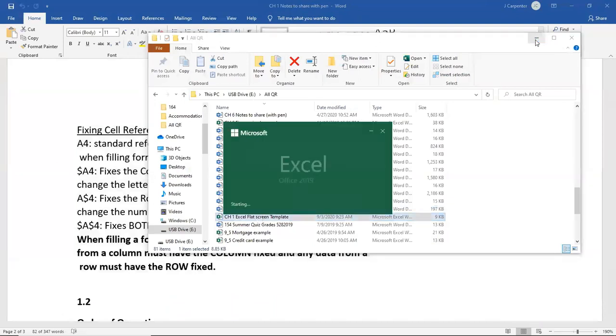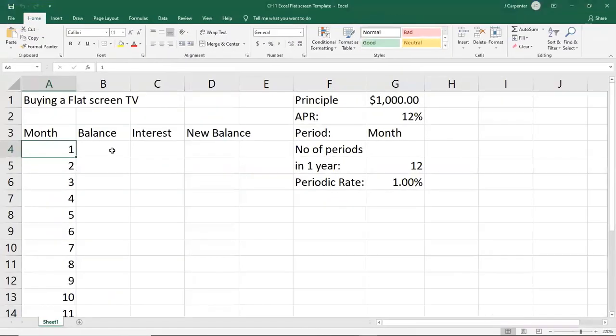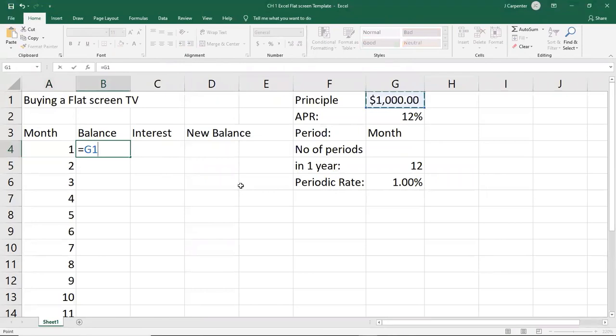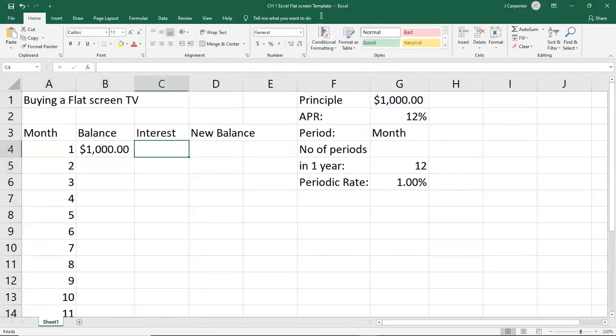flat screen problem, which I will pull up for a very brief moment, and I'm going to fill it out super quick. So we started out with the balance. We're going to link it to where the principal is. We said that the interest is just the product of the balance, so equals balance times the periodic rate.